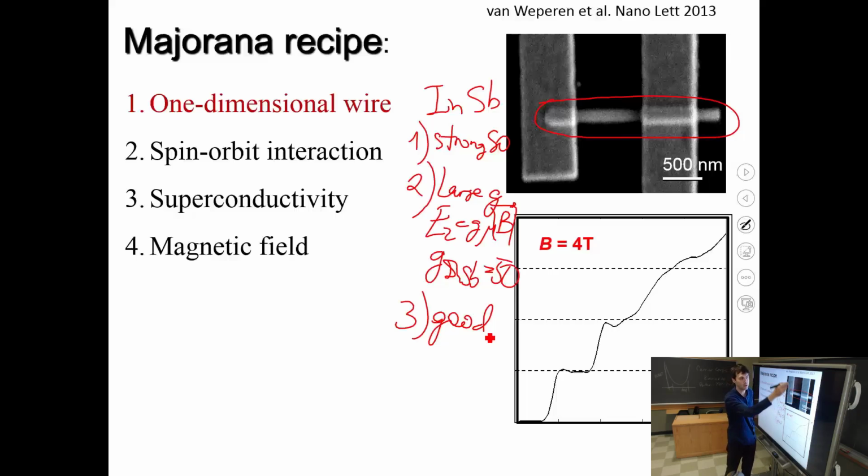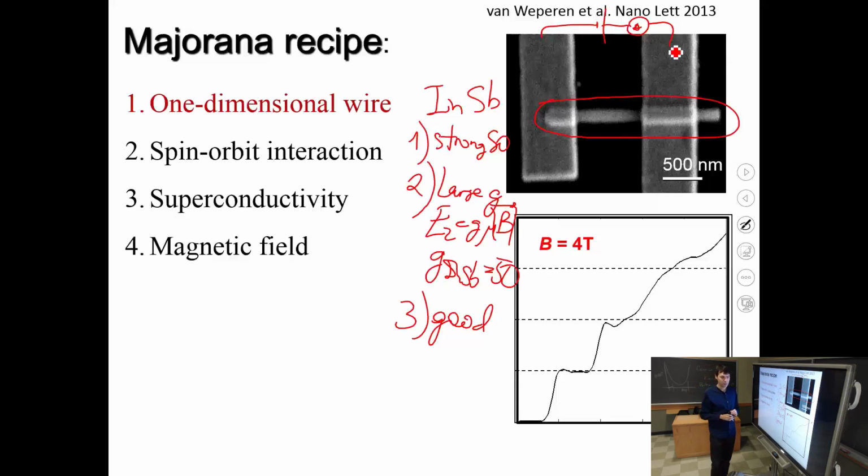You lay it down and you put two contacts on it, and this way you can pass an electrical current through. You hook it up to a battery and to an ammeter, and you apply voltage and measure current. These are the kind of experiments we're going to be looking at today. These are called transport measurements, but they are also going to be tunneling measurements, meaning there's going to be a barrier somewhere here.